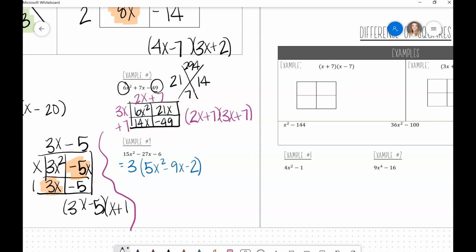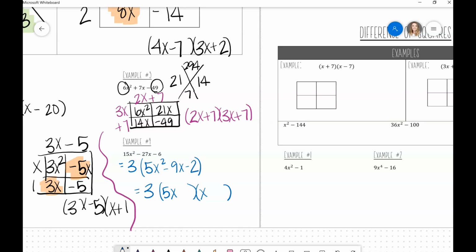Also, when you're talking about factors of 5, you only have 5 and 1. Factors of 2, you only have 2 and 1. So it might be one where you could do trial and error now instead of that diamond rectangle method. For instance, I know that I have to have a 5x and an x to get 5x squared. I need to multiply to get a 2, so I could put the 2 here and the 1 here, or vice versa.